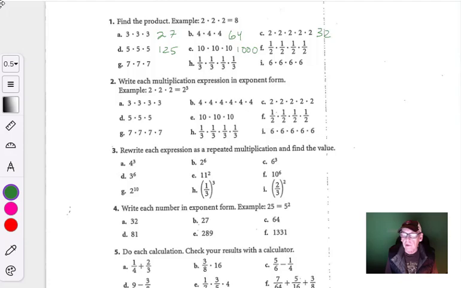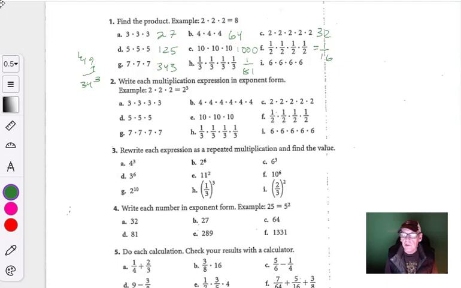2 times 2 times 2 times 2 is 16, so in the denominator it's going to give us 1 over 16. 7 times 7 is 49, and 49 times 7, remember that one, gives us 343. 3 times 3 is 9, times 3 is 27, times 3 is 81. For h, we get 1 over 81.